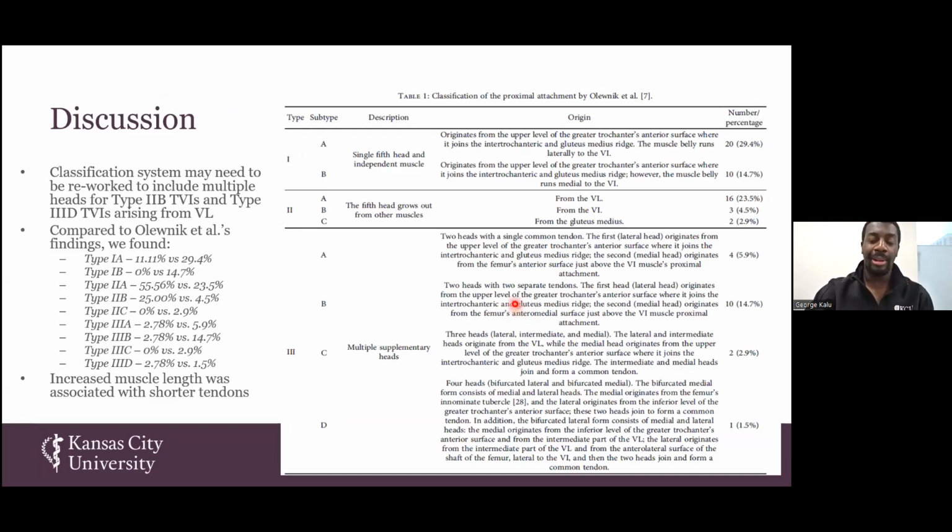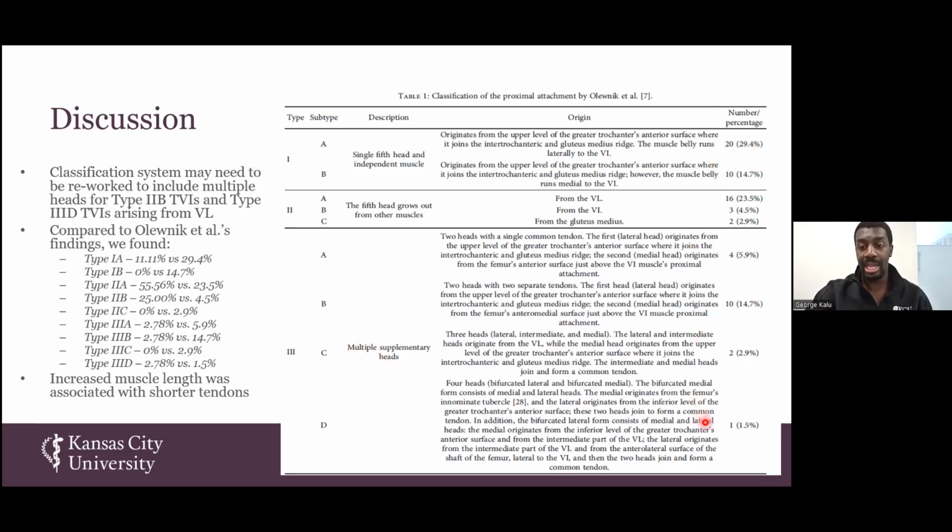Okay, so with all that being said, what's the future direction this project may take us? We may need to rework this classification system by Olunic. It worked really well for the most part, but it may need to be reworked to account for the fact that we had multiple heads for the type 2B TBIs, as well as the type 3D TBIs arising from the vastus lateralis, instead of from different parts of the femur, like was indicated with Olunic's classification system.